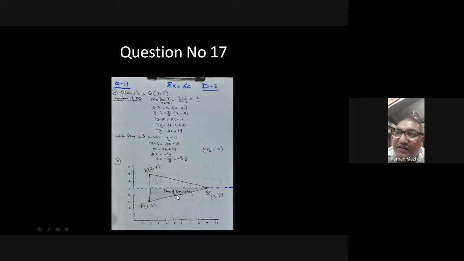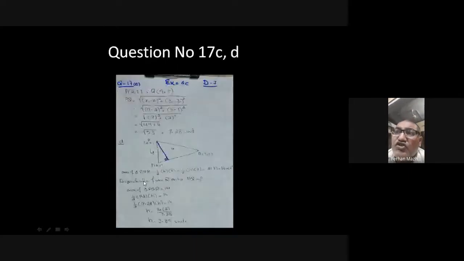From 3 to 9, that thing is 6, that is the height, and this is 4, that is the base of the triangle. So the area of the triangle will be 1 by 2 into base into height. So 1 by 2 into 4 into 7, and that will be 14 units square. So the area of this triangle is 14.